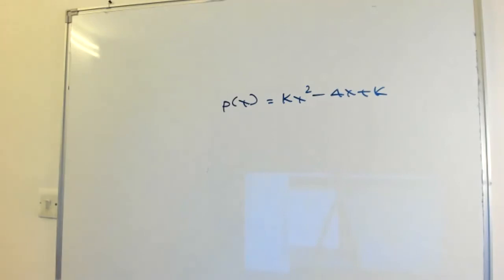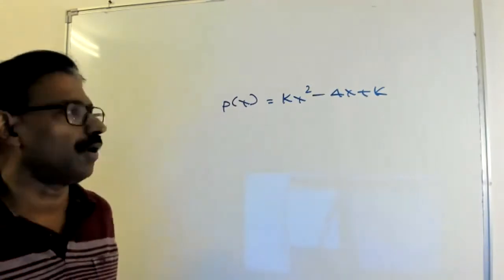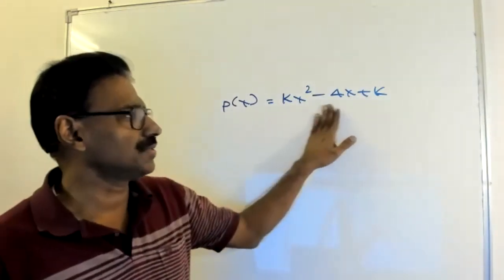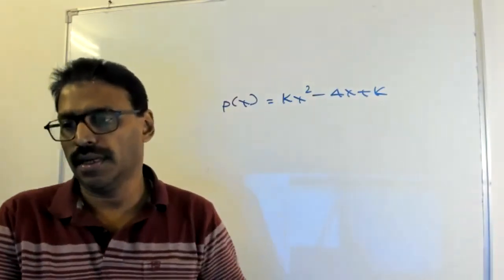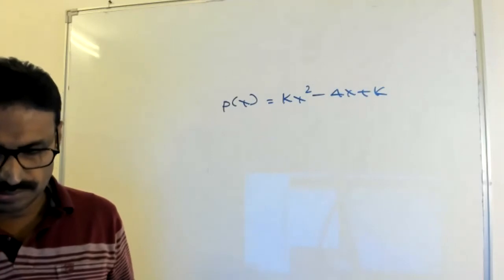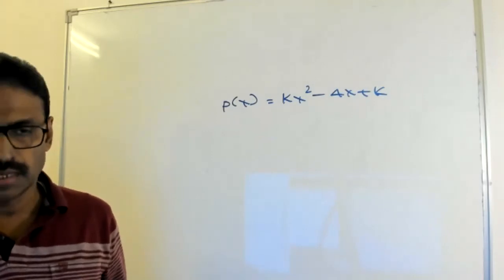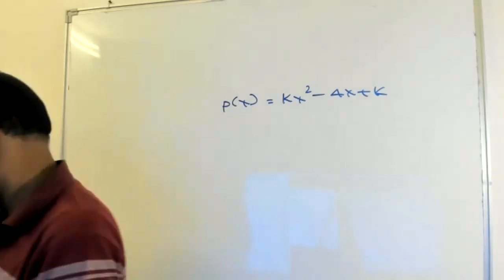Sir, could you repeat after zero of the polynomial? If -1 is a zero of the polynomial kx square minus 4x plus k, then find the value of k. Clear now? Vishal, you got the question now? Yes, sir.